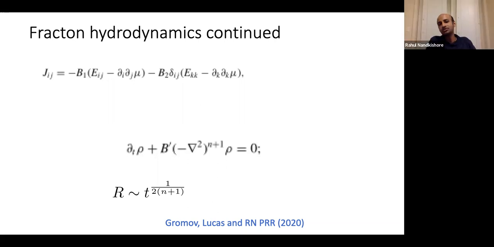I mean, this is a hydrodynamic picture which gives subdiffusion. Is there a kinetic theory? There is. If you want to do a kinetic theory, you need to write down an explicit model. That's in an older paper that I wrote with Sagar Vijay and Jason Yakonis, where we wrote down models on the lattice that had these conservation laws.